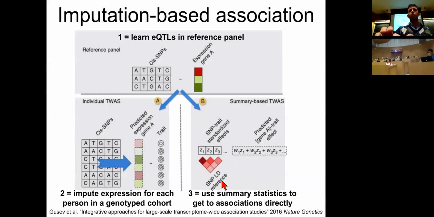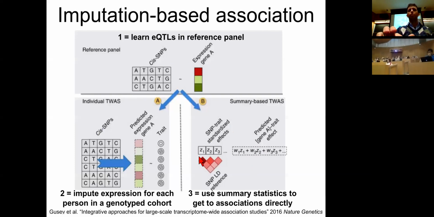And then carry out the association at the level of summary statistics. So all I have is the association of every SNP with the disease. I can start combining multiple SNPs together in a linear equation that is driven by the genetics of my reference panel.